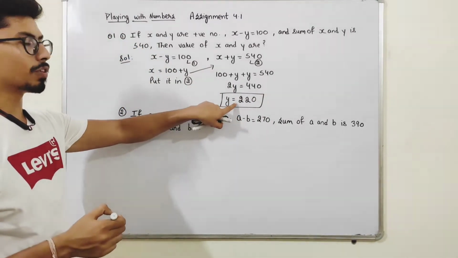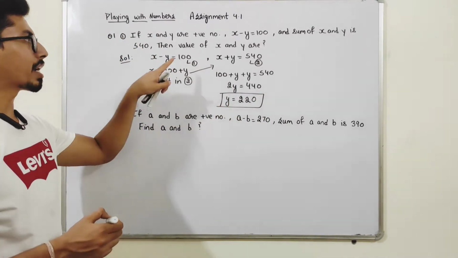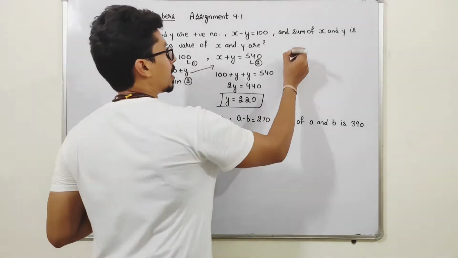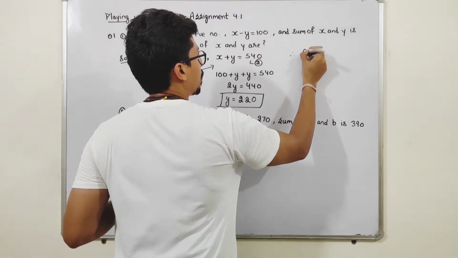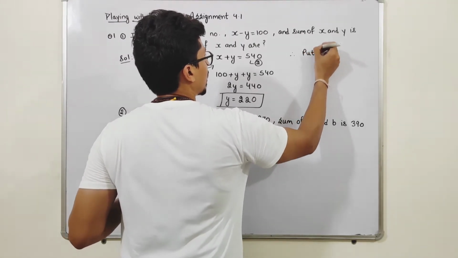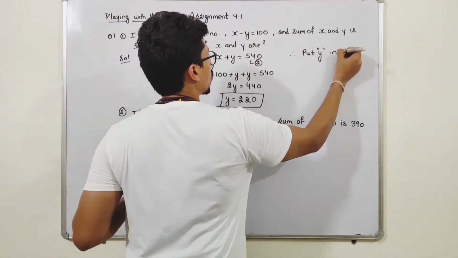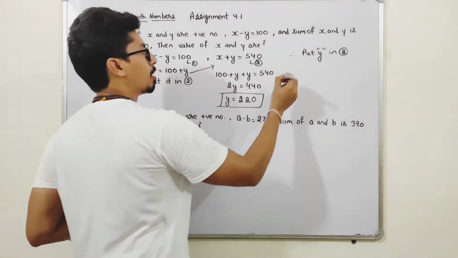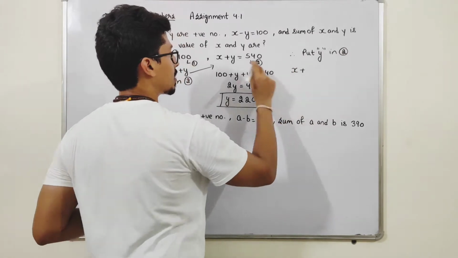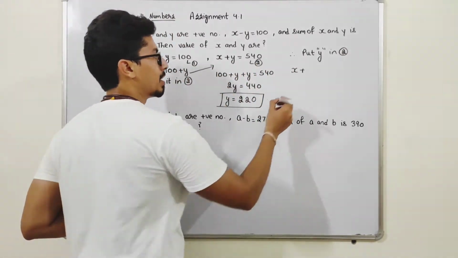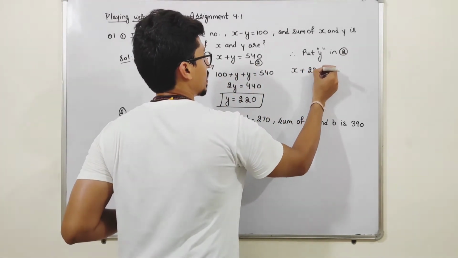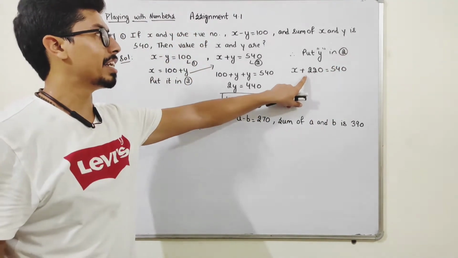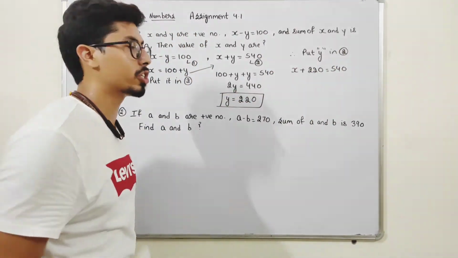Now we know the value of y, so I can put it in equation 1 or equation 2; it's your choice, students. I am putting this value of y in equation 2. Therefore, x plus 220 equals 540. 220 is an addition; when it goes to the other side, it will be subtraction.